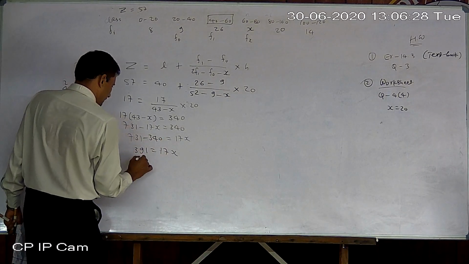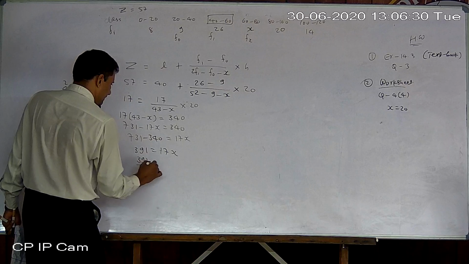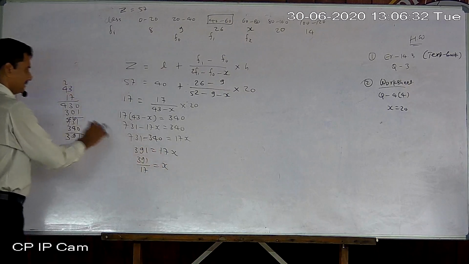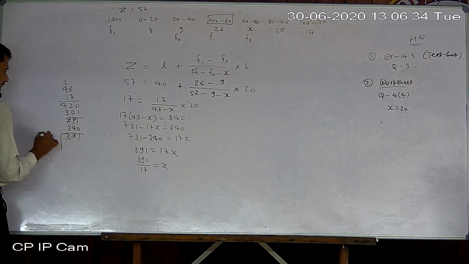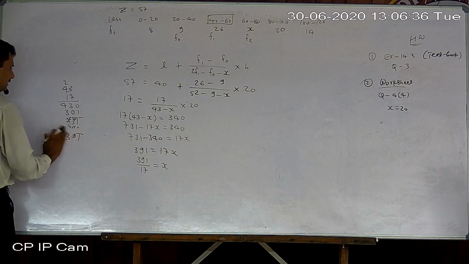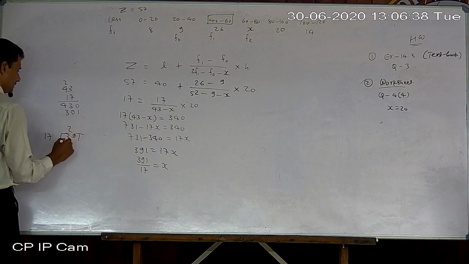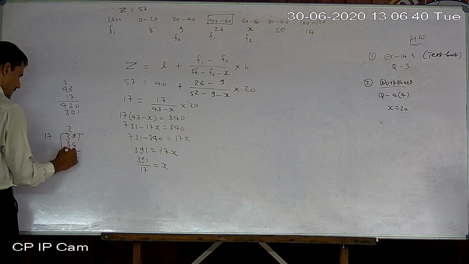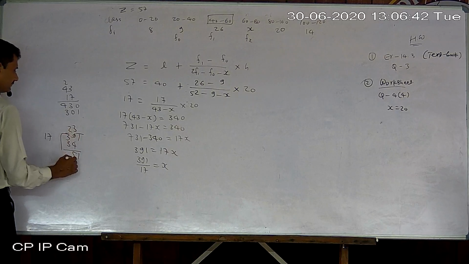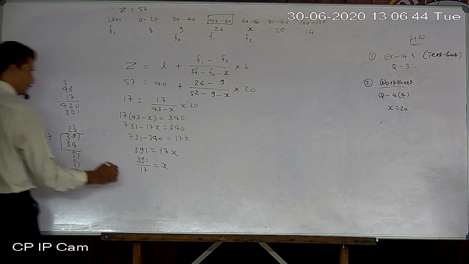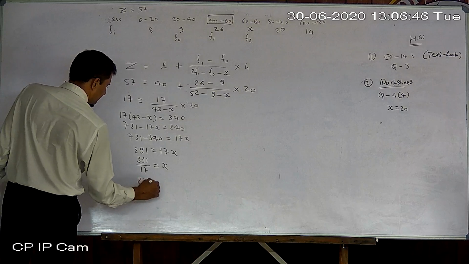Now 391 divided by 17. 17 2s are 34, 17 3s are 51. So x equal to 23.